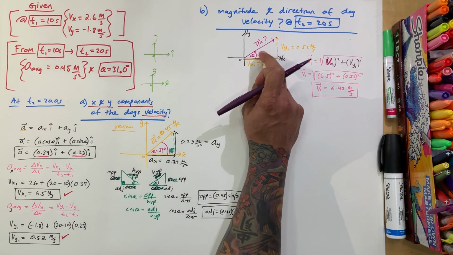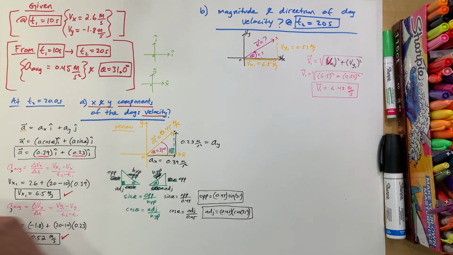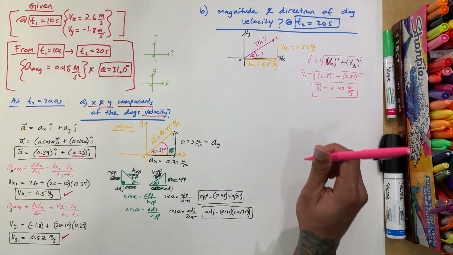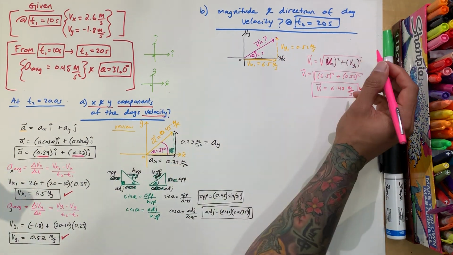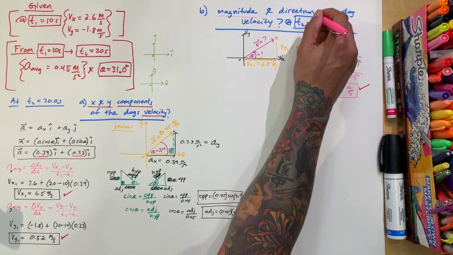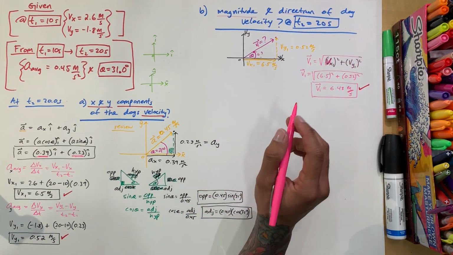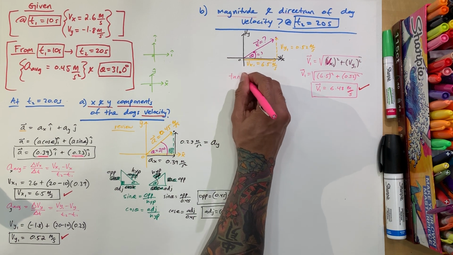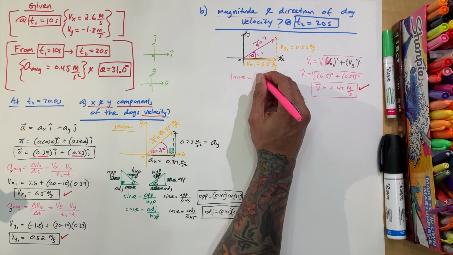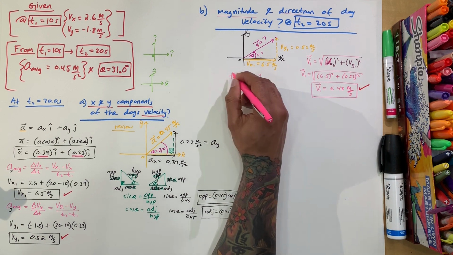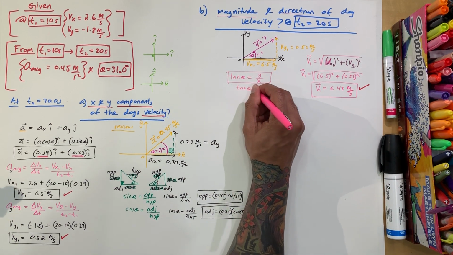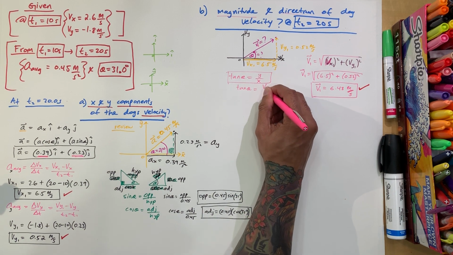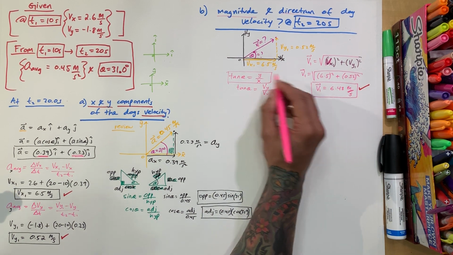And now we can even find what angle it made. We have another formula. Let's put a little checkbox on this. That's one thing we needed to find, which was the magnitude. And now we want the direction. So for the direction, we need tangent theta equals y over x, more specifically tangent theta equals Vy over Vx.